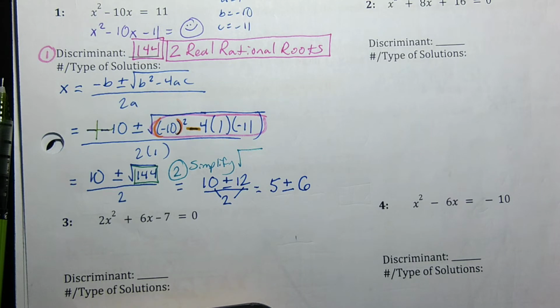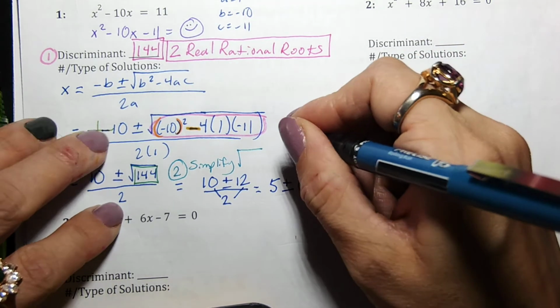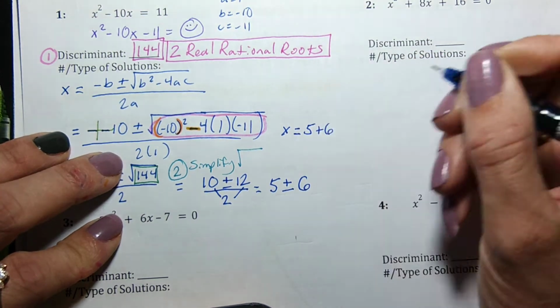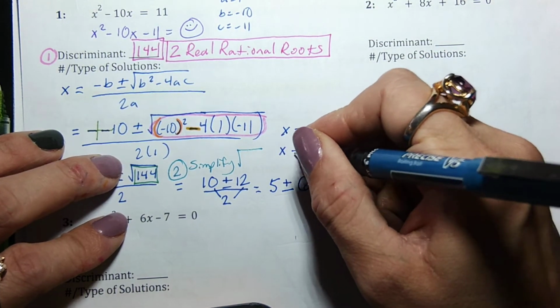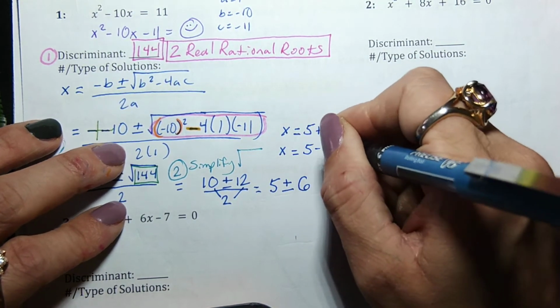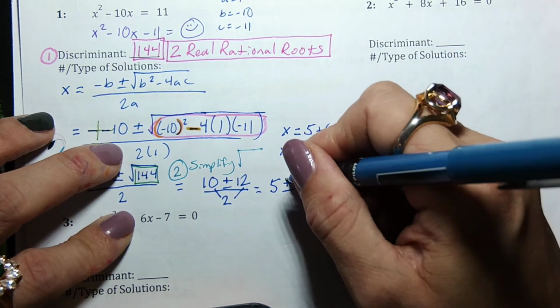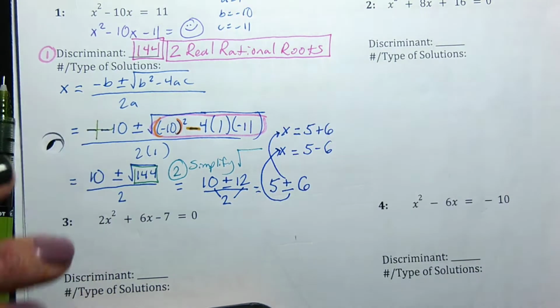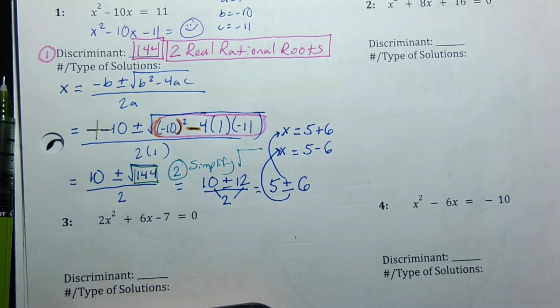So what does this mean? The plus or minus is actually indicative of 2 solutions. One where x is 5 plus 6, and one where x is 5 minus 6. So the plus becomes a solution scenario, and the minus becomes a solution scenario.